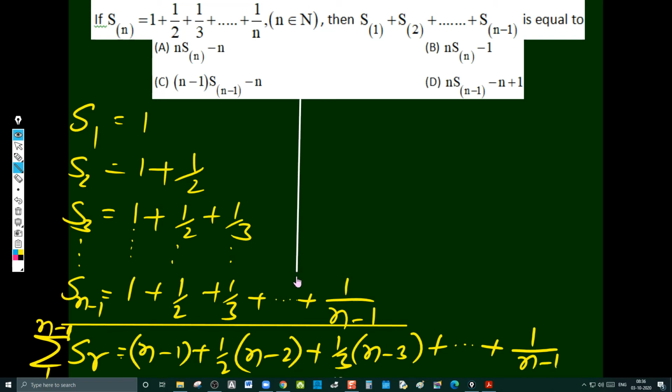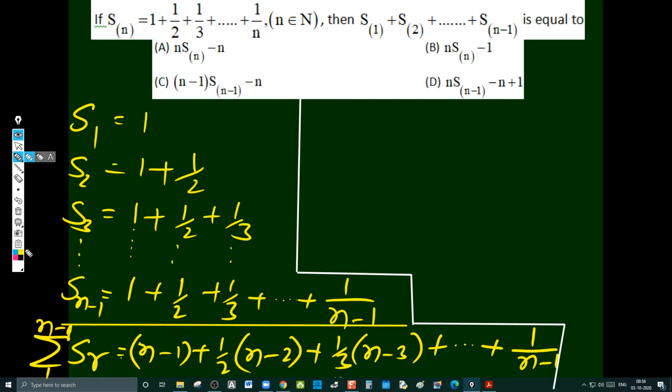So let us add here n by 2, n by 3, like that. So finally n by n minus 1 you'll get.